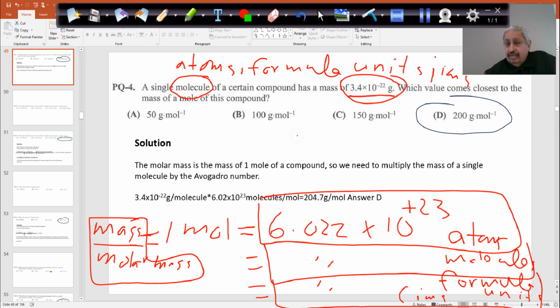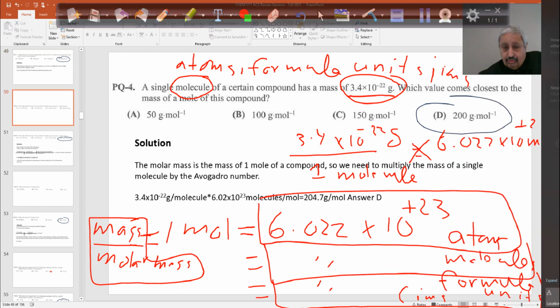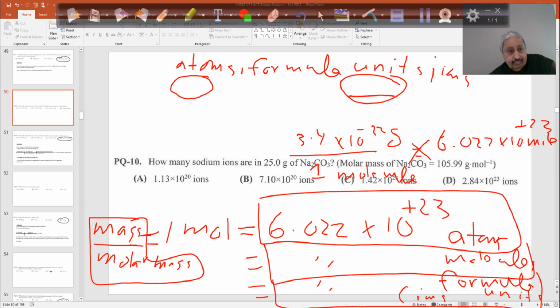That's what they did: grams here, 3.4 times 10 to the minus 22 grams in one molecule. Then you multiply by Avogadro's number of molecules.